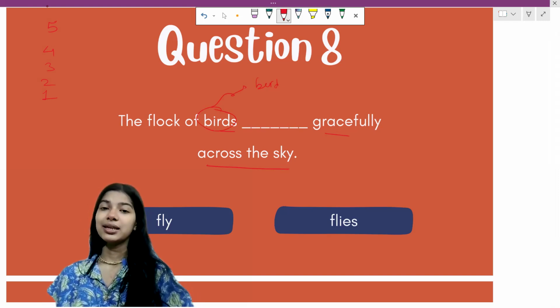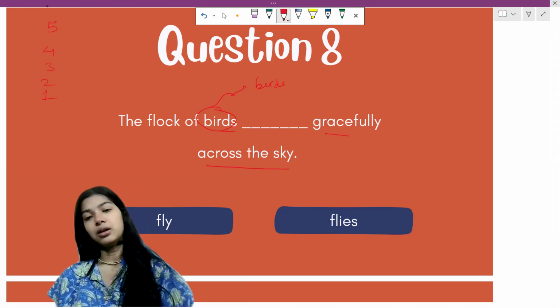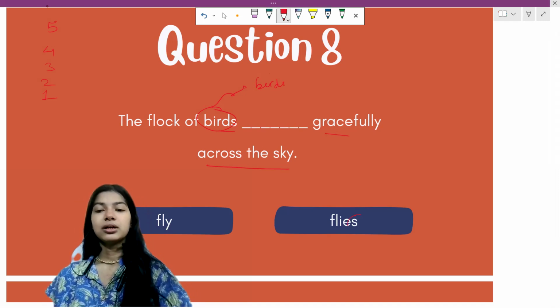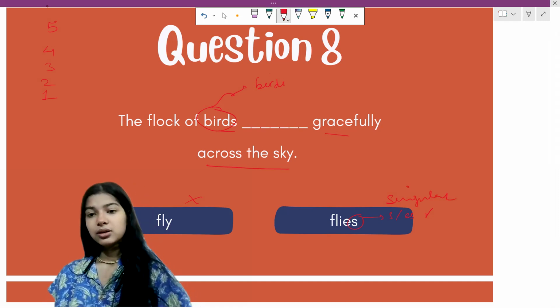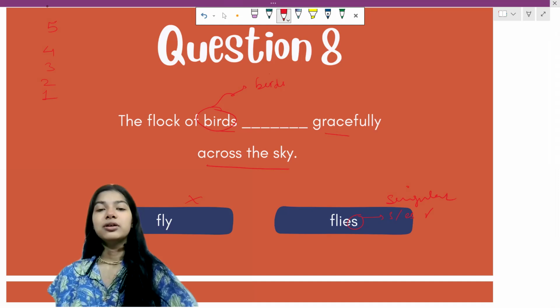We are not including any other thing, so that is singular. And singular includes S and ES. If the subject is singular, the verb should be singular as well.